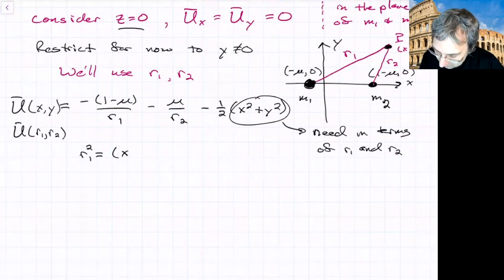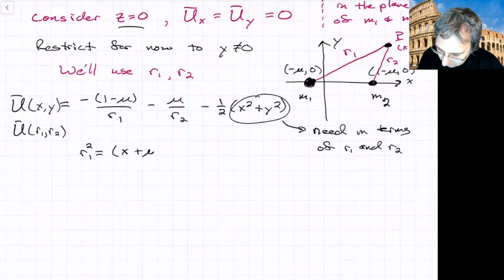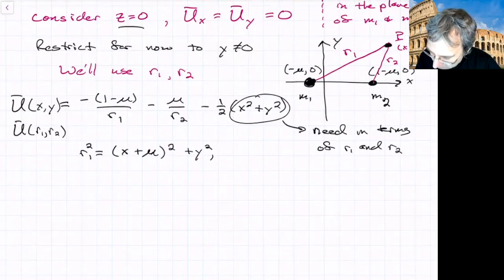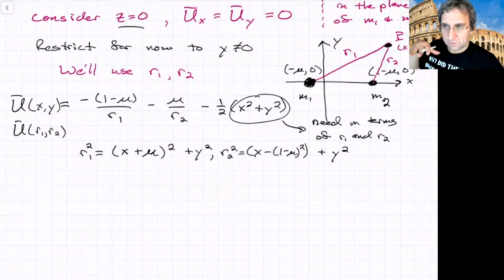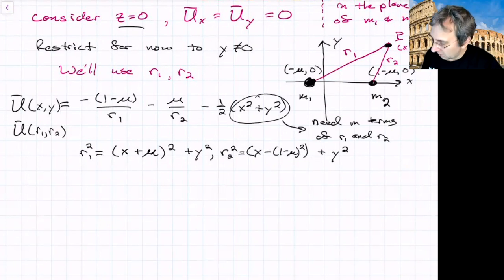So that's going to be x minus negative mu, or we just write that as (x plus mu) squared plus y squared. And then R2 squared is (x minus 1 minus mu) squared plus y squared. Because we're setting z equals 0. We've already established that if there are equilibrium points, they have to be in the xy plane. So z is 0. So we've got those two.